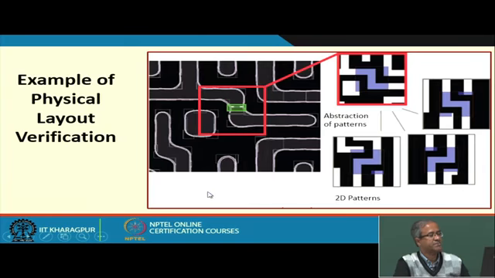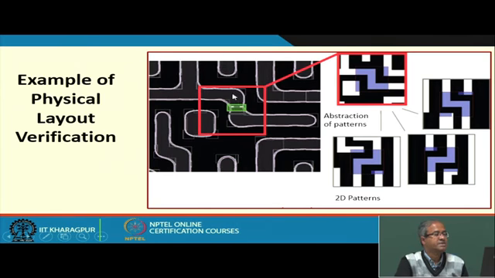Like I am showing an example, here you have a window shown by this red box. This red box has something like a zigzag kind of a connection, where some minimum width is expected, but due to some fabrication error the width of this line has been reduced.